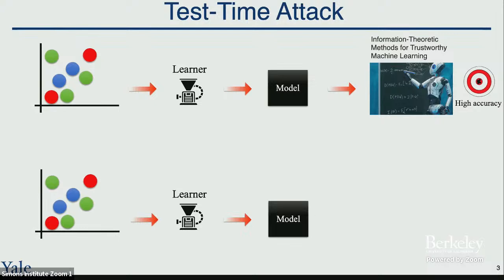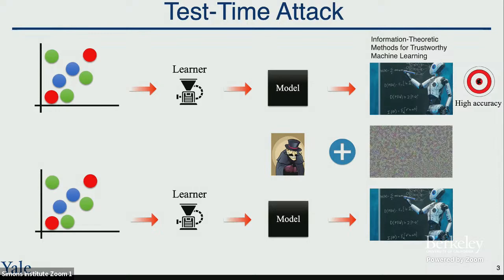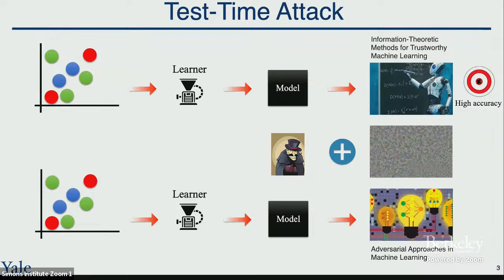Now, when you have an adversary in the test time attack, the adversary adds a little bit of noise such that the answer changes. The adversary has access to the test point, and it adds some sort of noise, and then suddenly it becomes another program, which is adversary approaches in machine learning, a completely different program with a different banner, from Simon's. So that is what the adversary wants to do. That is a test time attack. I'm not going to talk about it today.